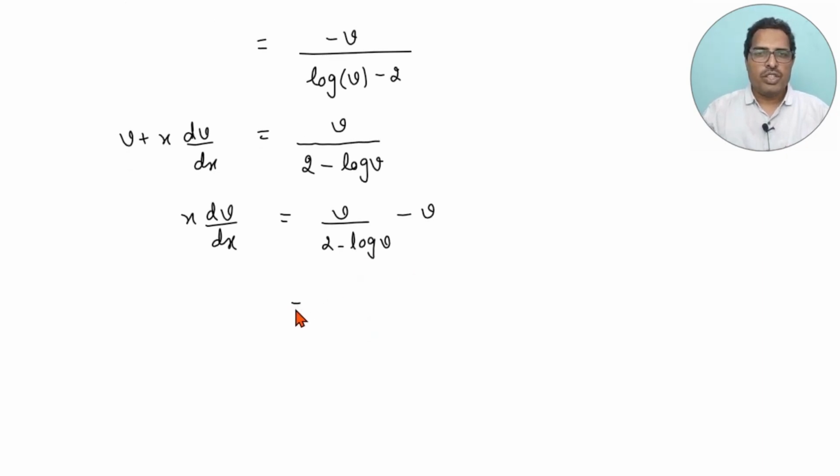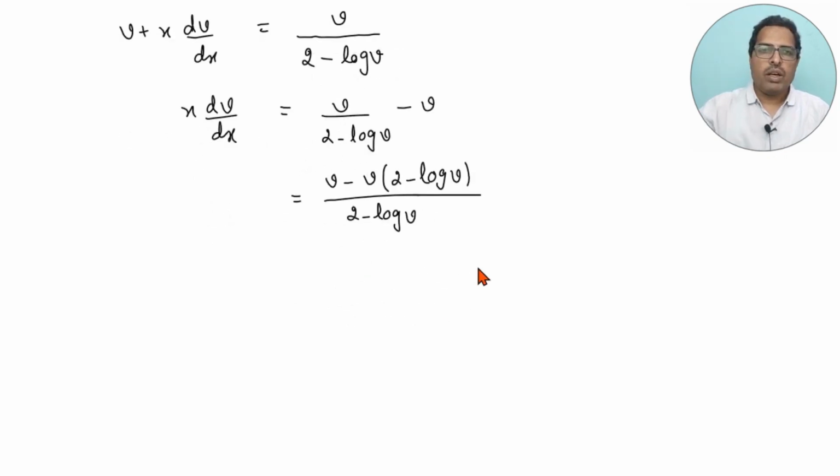So let us take the LCM over here. It is 2 minus log of v. So this is v minus, cross multiply this, it is v times, you will be getting 2 minus log of v. Or further, if you try to simplify this, it is v minus, multiply this v inside, it is 2 times v. So minus of minus will become plus, multiply this v inside, it becomes v times log of v.